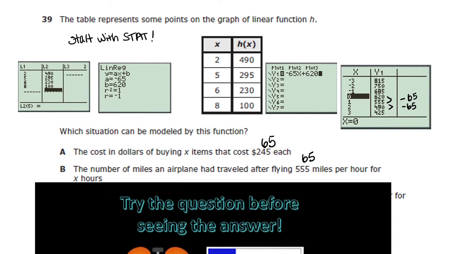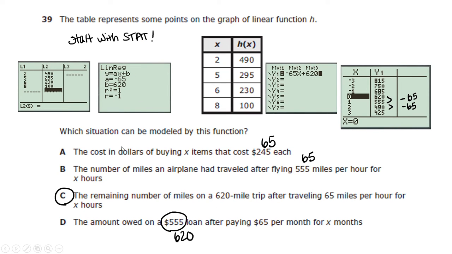Okay, so what makes this question a little tricky is we have to figure out which answer choice makes the most sense according to our equation of negative 65x plus 620. So if we look at our table and start at 0, then go down to 1, each time it goes down by 65. So that means that's our cost.